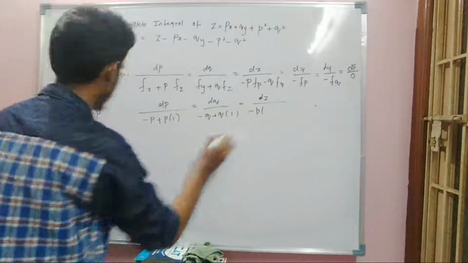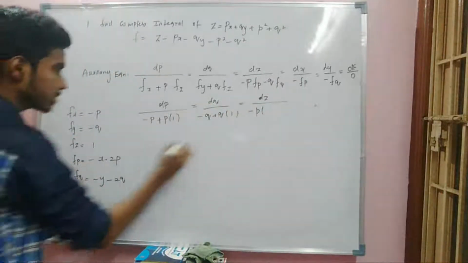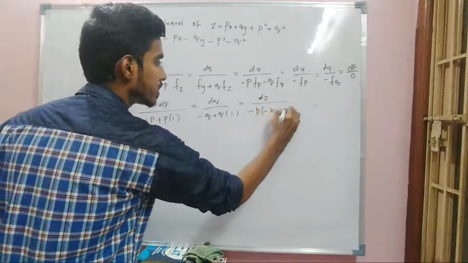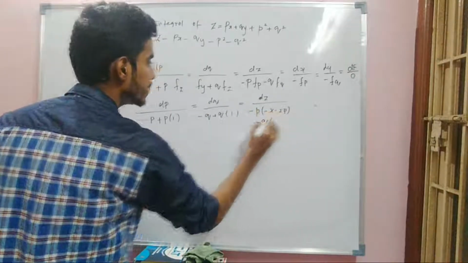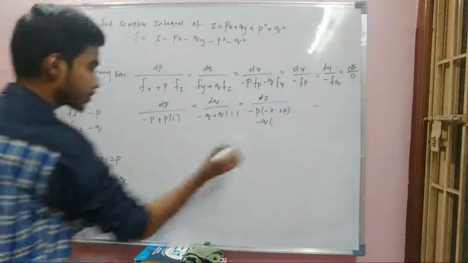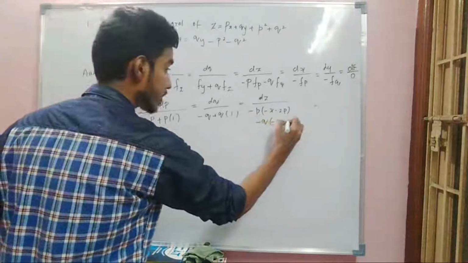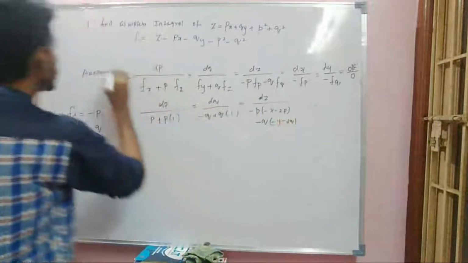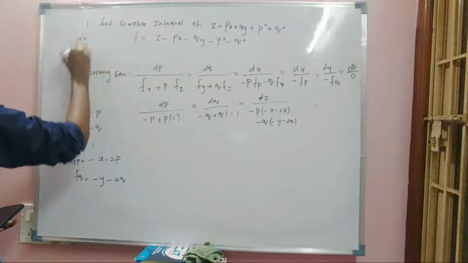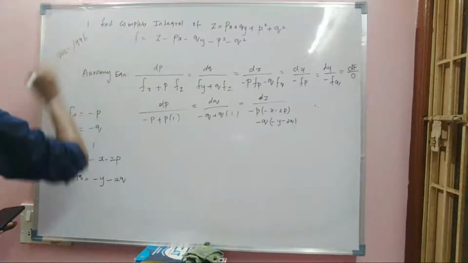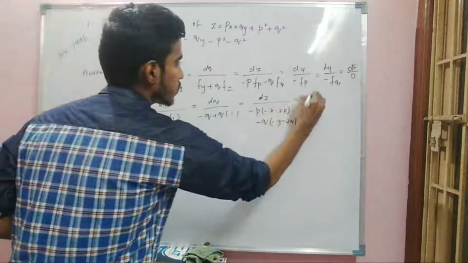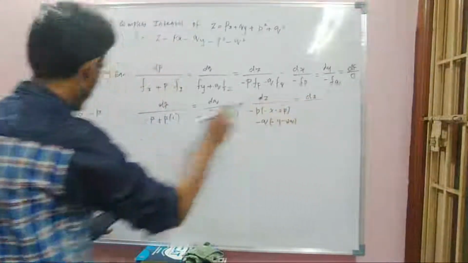So what will be my fp? Fp is minus x minus 2p minus q into fq. So fq is minus y minus 2q. So this question was asked in 1996, right? And this is equal to dx divided by minus fp.